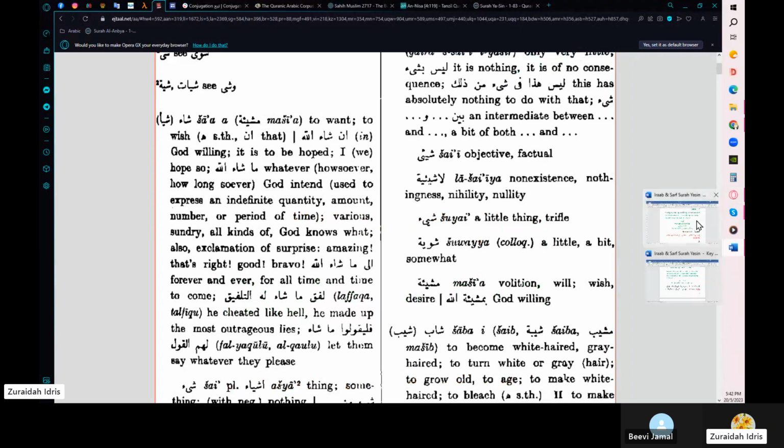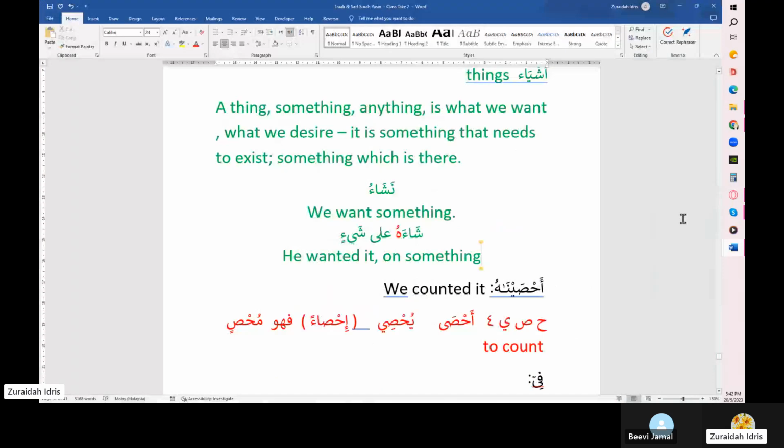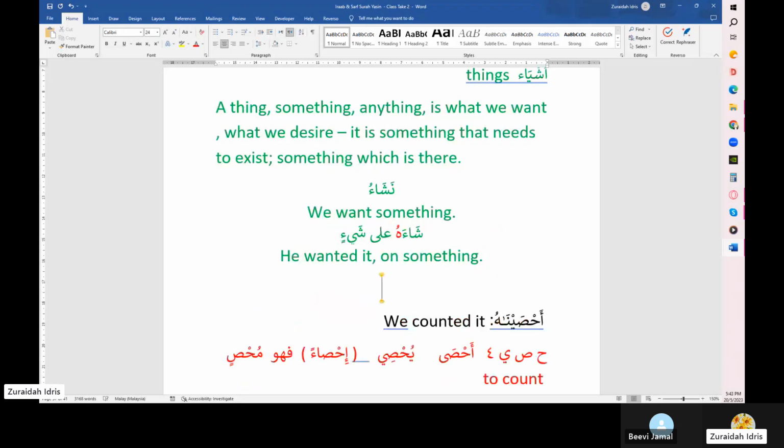What an awkward translation: he wanted it on something. The actual translation, and I sat and thought about it, was this: sha'ahu, when you will him to do something, or you force him to do something. So sha'a here is he willed it.